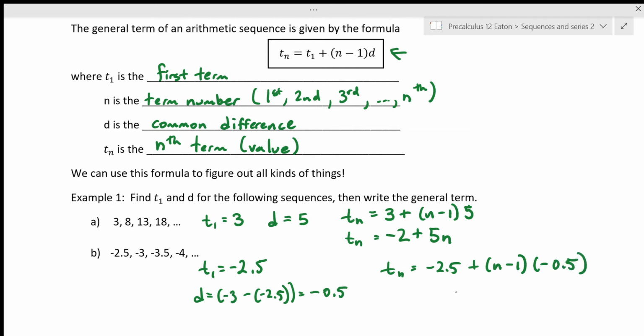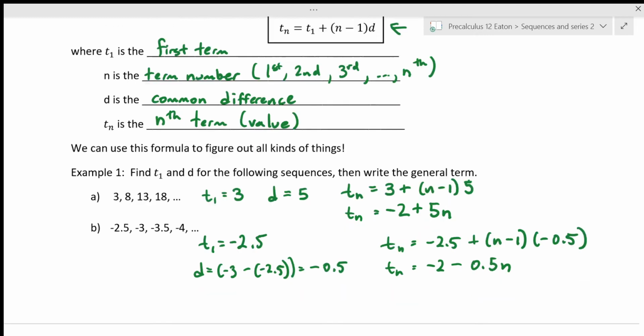And we can simplify that if we would like to negative 2 minus 0.5n. Doesn't look as instantly like a linear equation, but if we were to switch that to a negative 1/2, we tend to use fractions, might be a little bit more recognizable.